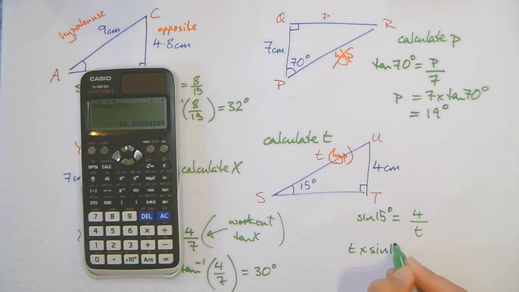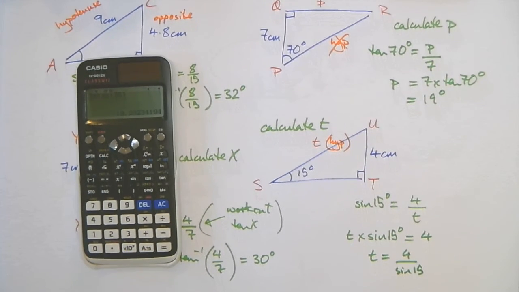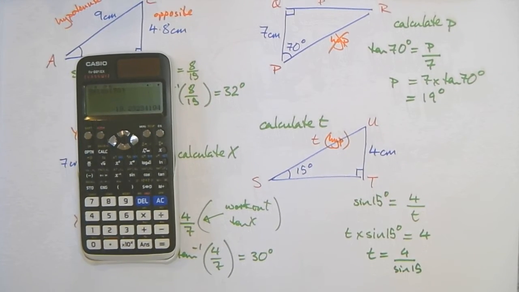I'm going to rearrange the equation. You find a way of remembering the wording which makes that memorable to you. And I'm going to rearrange that further by dividing both sides by the sine 15. Notice the sine 15, that stays as one thing together, okay?